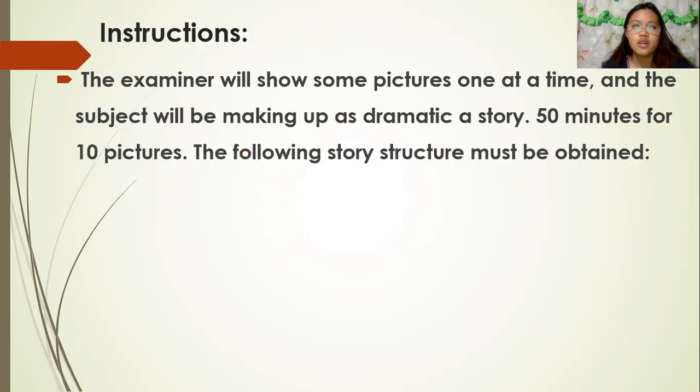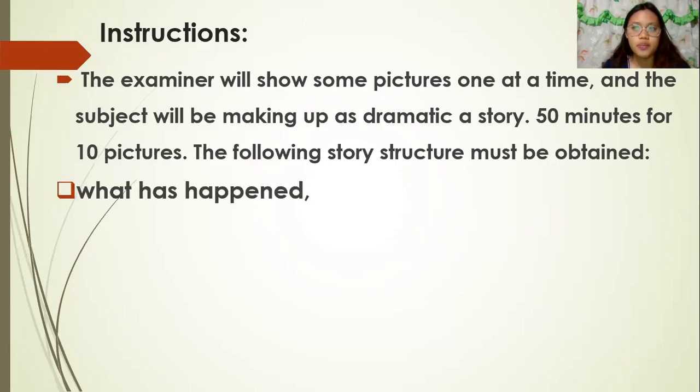So the examiner here will show some pictures one at a time, and the subject will be making up a dramatic story. 50 minutes is given for 10 pictures. So what should be found in the story?